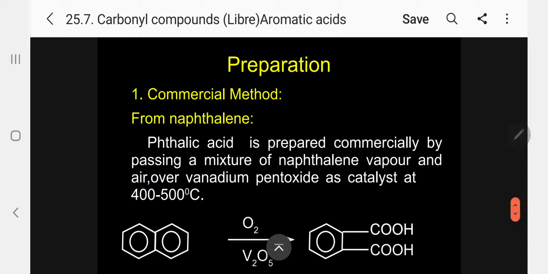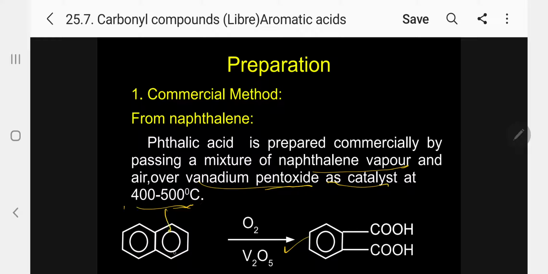Now the commercial preparation. From naphthalene, we can prepare phthalic acid. Phthalic acid is prepared commercially by passing a mixture of naphthalene vapor and air over a vanadium pentoxide catalyst at 400 to 500 degrees centigrade.